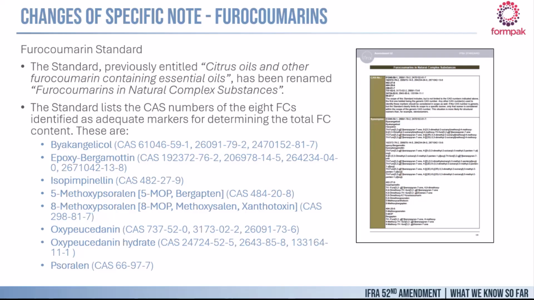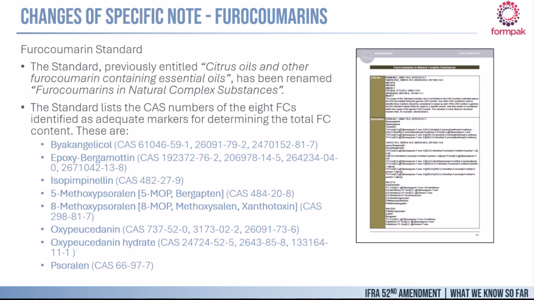There are more than 8 furocoumarins, but there's been a lot of study over a long period of time, and these 8 are the ones most likely to be seen and therefore adequate markers for determining the total furocoumarin content level. The total level of furocoumarins has to be considered, and the limit applies to the total, not to each one individually. So please be aware of that aspect.